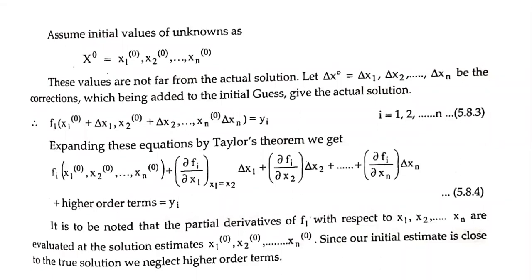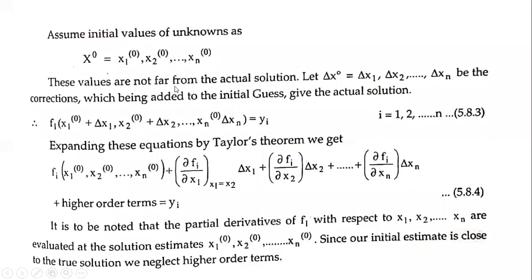In the same way, in the Newton-Raphson method we assume the initial values, that is x power 0 is equal to x1 of 0, x2 of 0 and so on up to xn of 0.